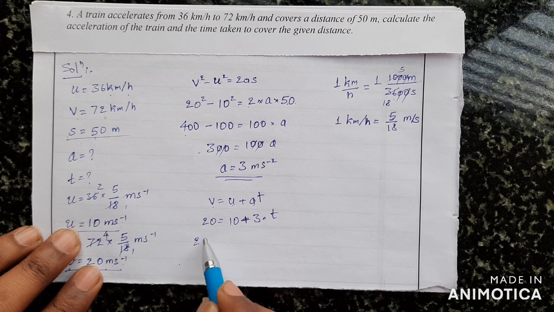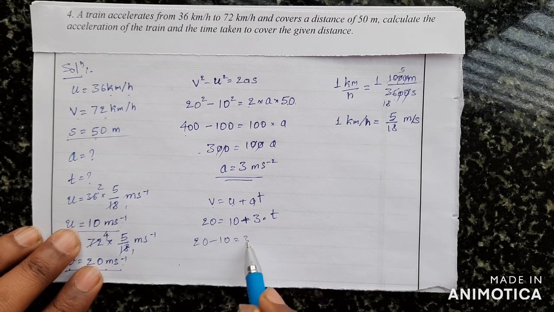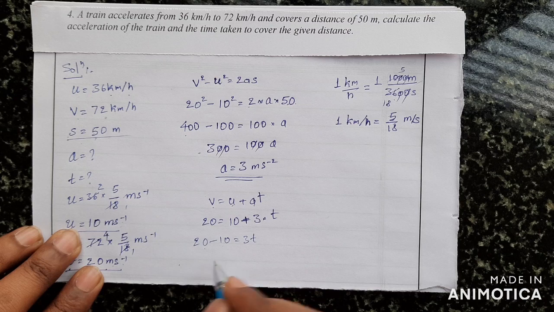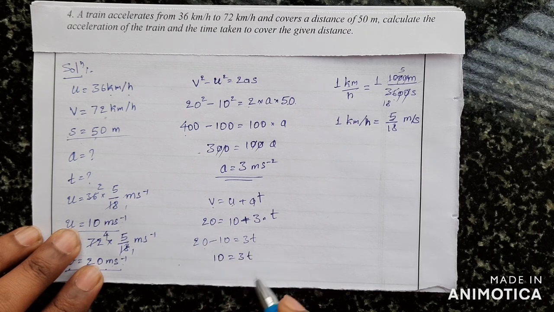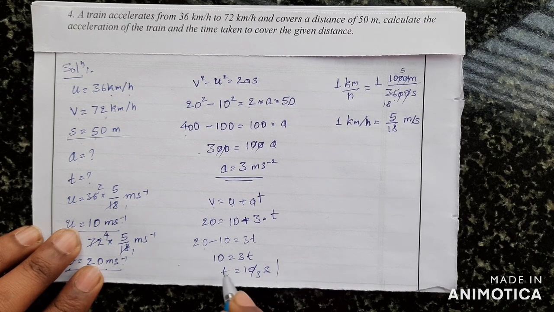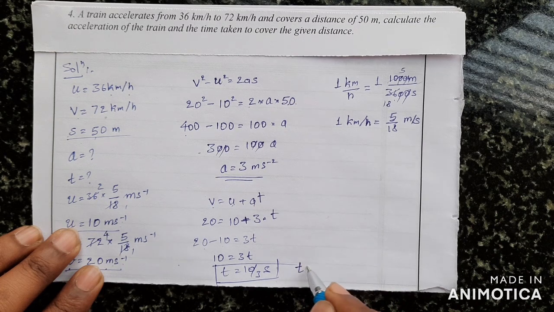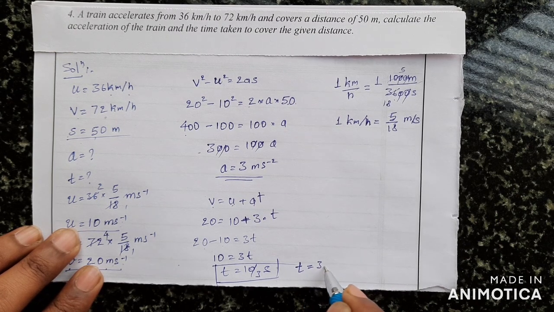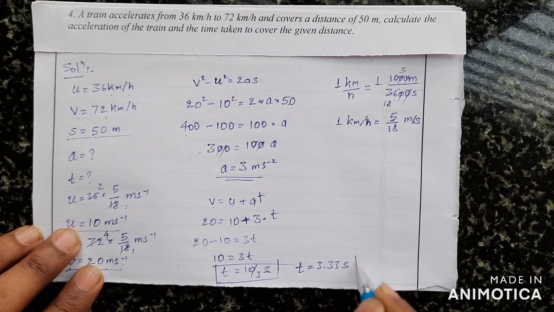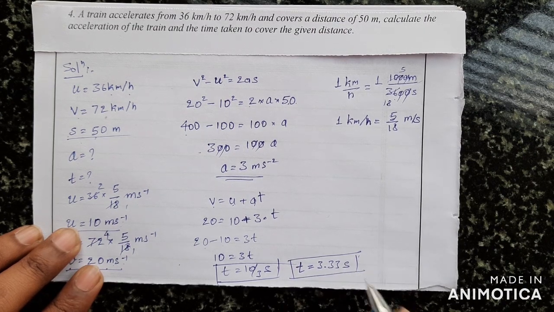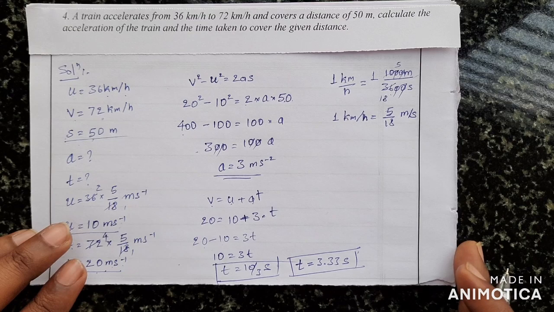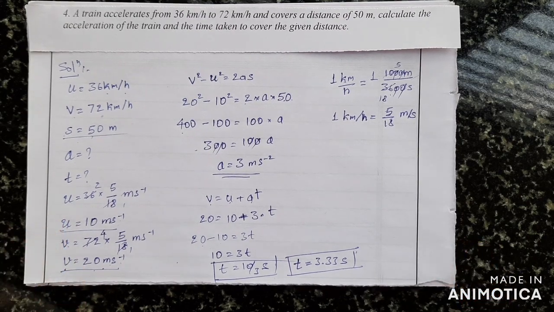So 20 minus 10 is equal to 3t, 10 is equal to 3t, and hence t will be 10 by 3 second. You can keep the answer as 10 by 3 second itself, that is right, or if you divide it, it will be 3.33 recurring seconds. Both are right ways of giving the answer. So easy. This is the fourth question.